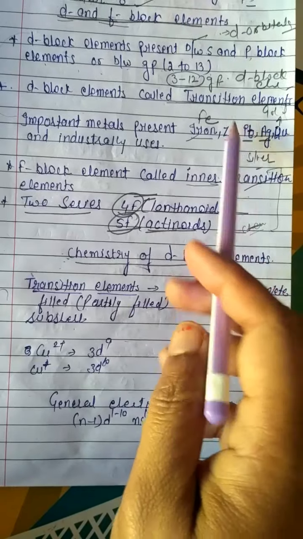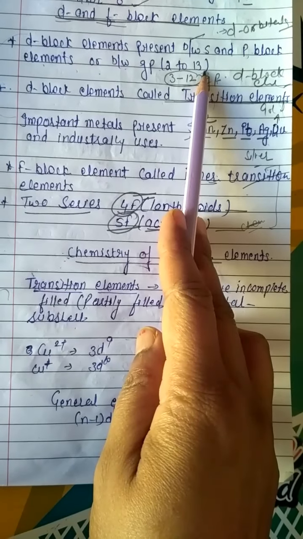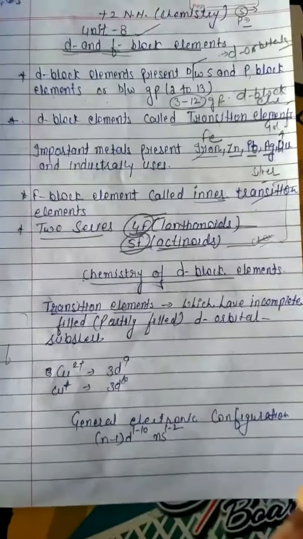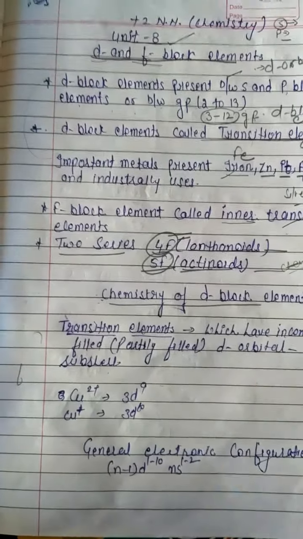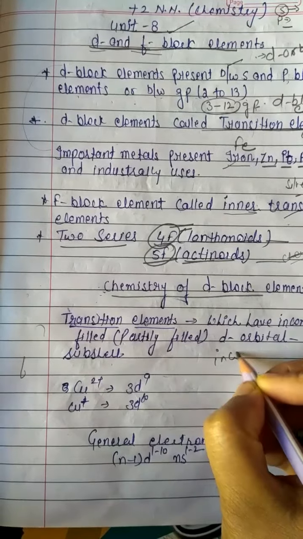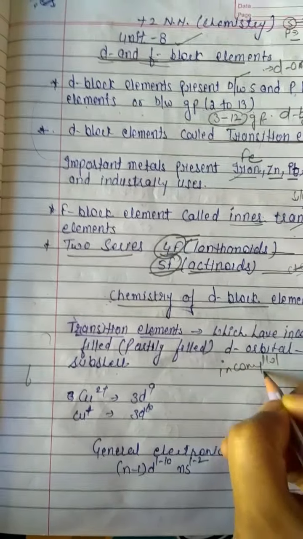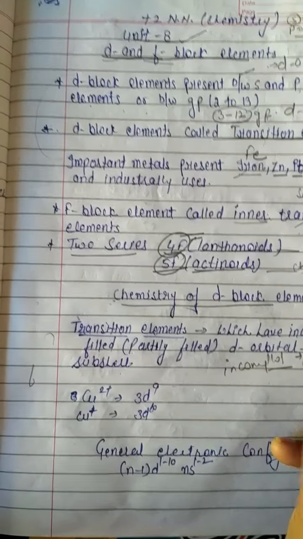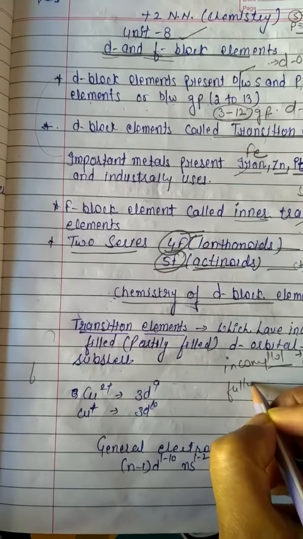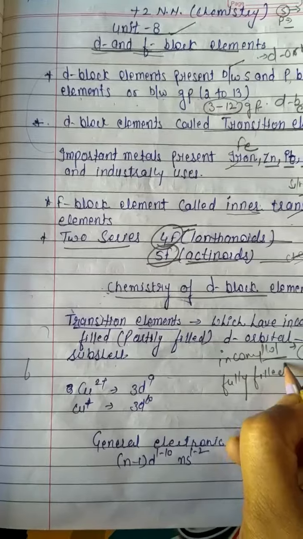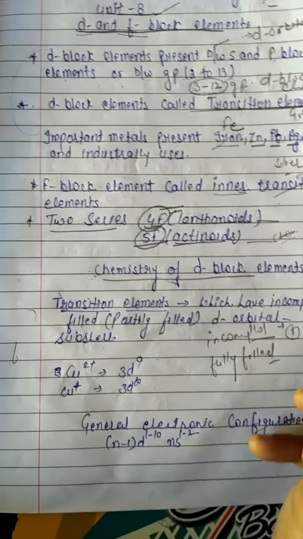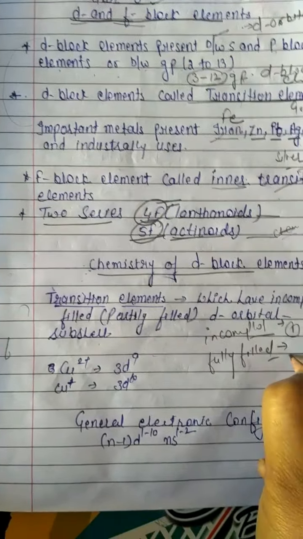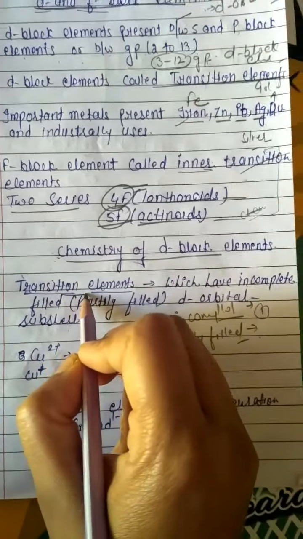The major reason is that they have an incomplete d subshell, meaning there is space for one more electron. If the orbital is fully filled, it is not considered a transition element.